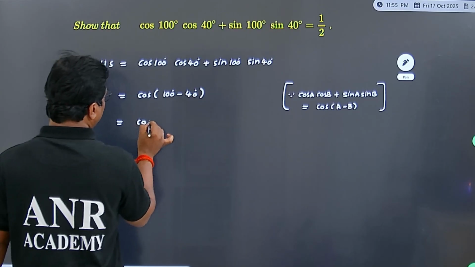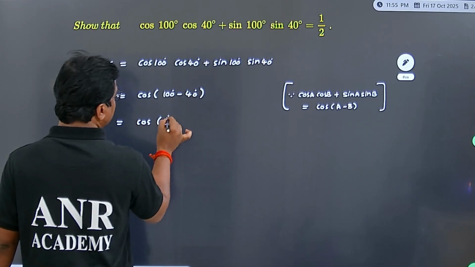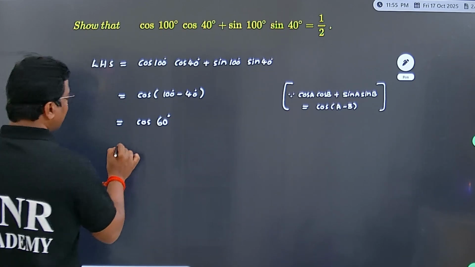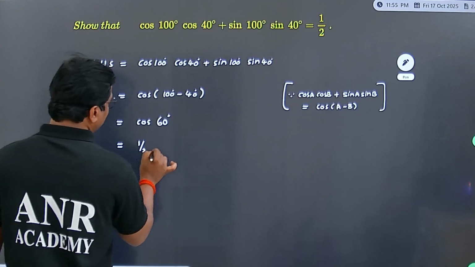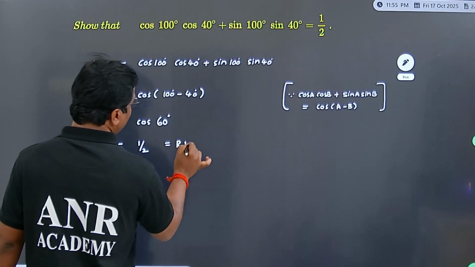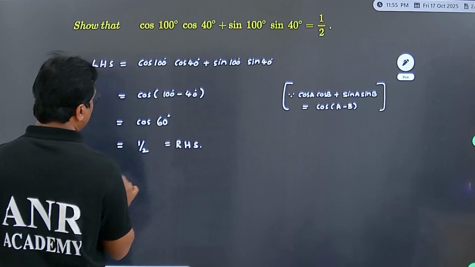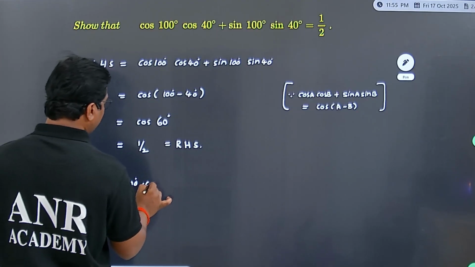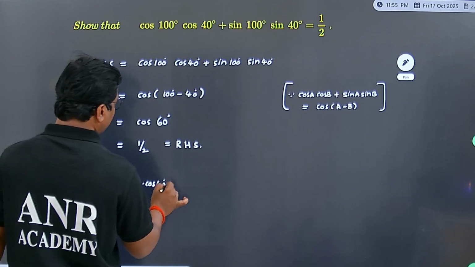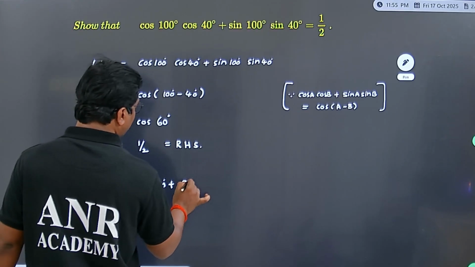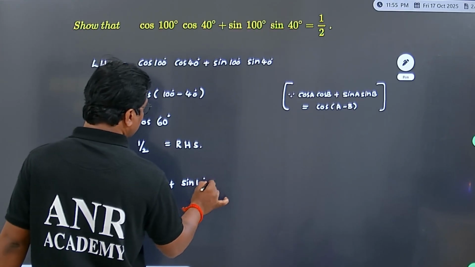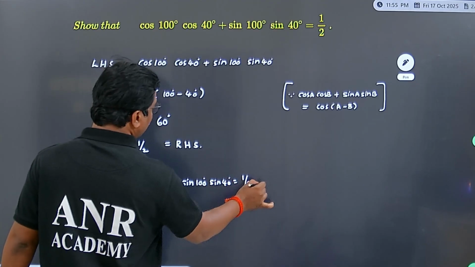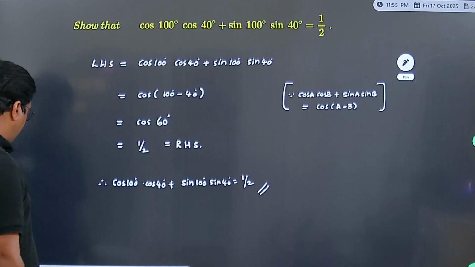This is equal to cos of 60 degrees, and you know that cos 60 degrees value equal to 1 by 2. This is your RHS part. Therefore cos 100 degrees into cos 40 degrees plus sin 100 degrees into sin 40 degrees becomes 1 by 2.